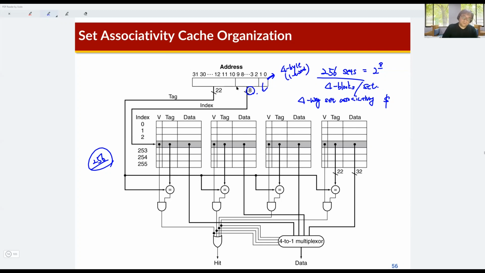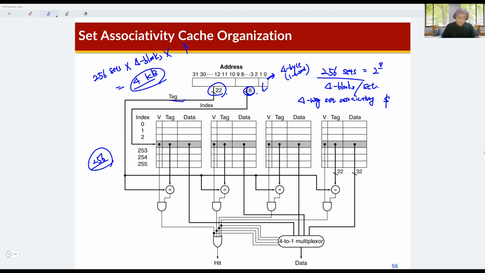The remaining bits are used as the tag. And what is the size of this cache? There are 256 sets multiplied by 4 blocks per set, multiplied by the size of a single block, 4 bytes. Here, it's 4 kilobytes.